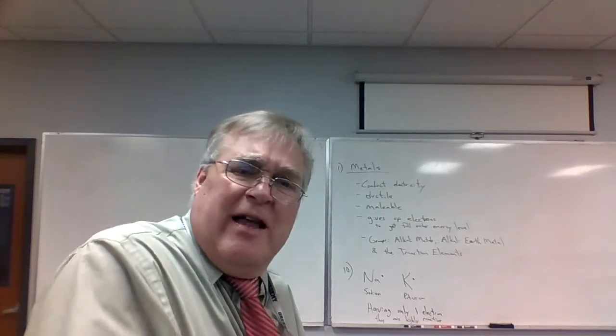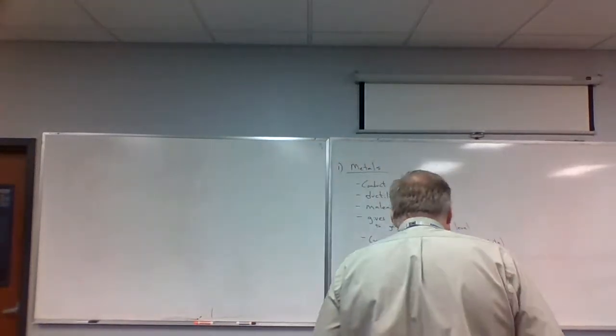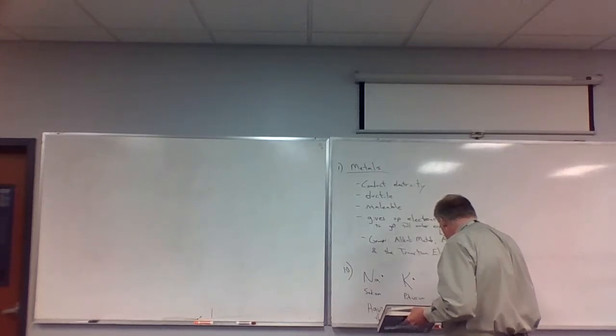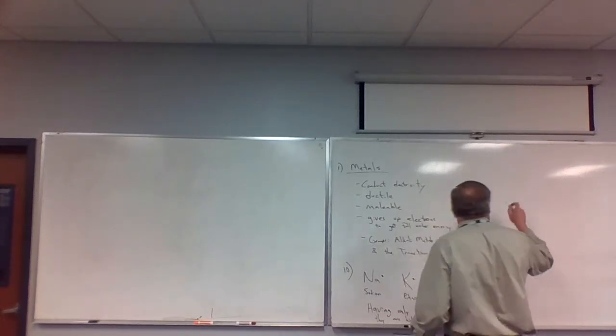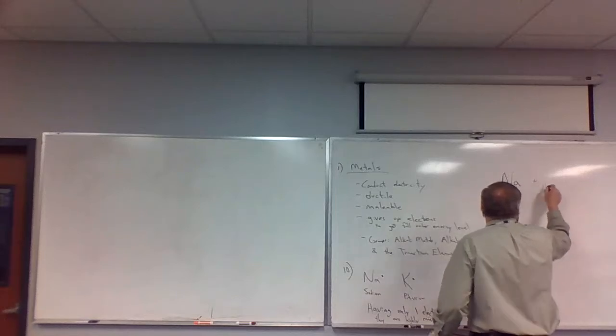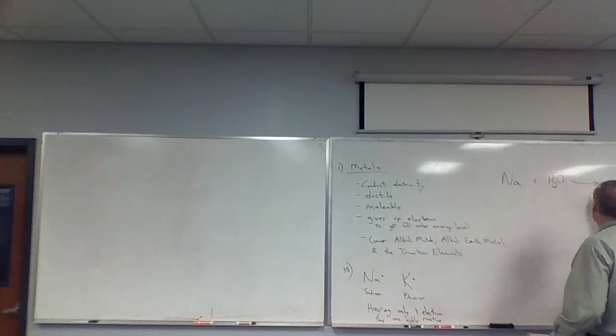I think last time I was talking about the fact that the water molecule turns into, basically the OH gets grabbed. I said something like that, but I was wrong about that. I'm remembering, so I want to correct that. So this is sodium metal plus H2O. The chemical reaction goes like this.